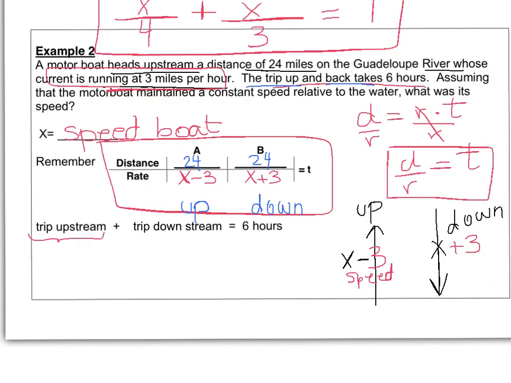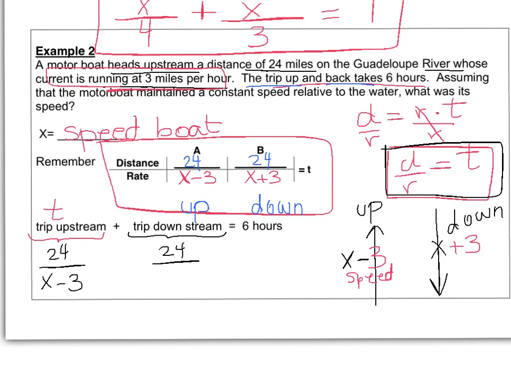The time taken to go upstream is going to be distance over speed. So the distance is 24 over the speed upstream, which is x minus 3. And the trip downstream, again, is going to be the same distance over the speed going downstream, so it's going to be x plus 3.